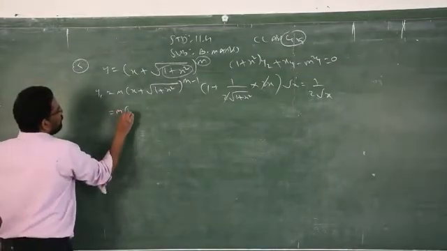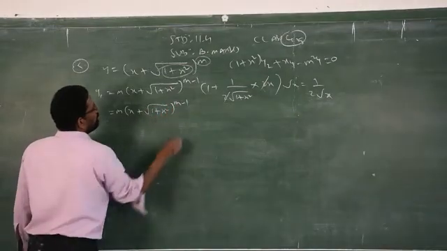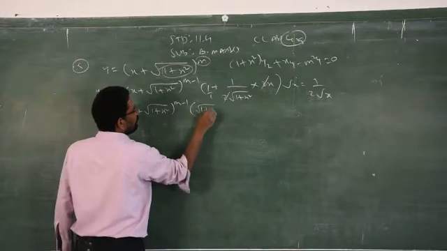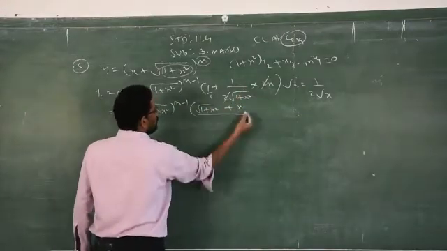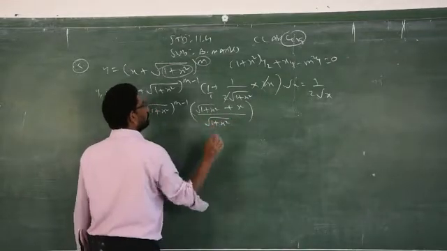Now m x plus square root of 1 plus x square to the power m minus 1, take cross multiplication, you will get square root of 1 plus x square plus 1 into x, x over square root of 1 plus x square, close the bracket. Clear?